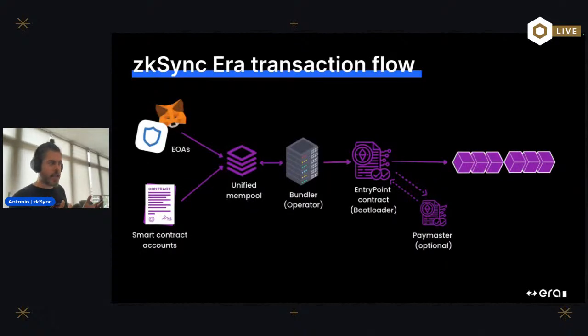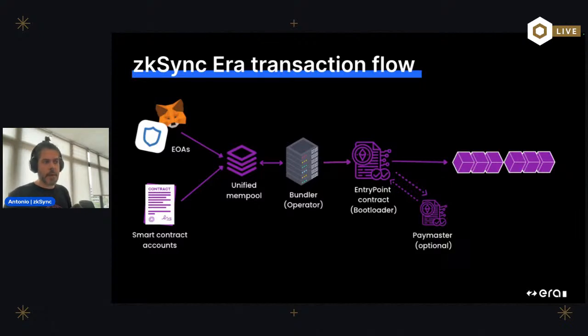And this is how it looks. So again, we have externally owned accounts or smart contract accounts sending transactions to the same unified mempool. And then we have our own version of the bundler, which we call the operator. This operator sends batches of transactions to our version of the entry point contract that we call the bootloader, and then the bootloader processes the transactions.